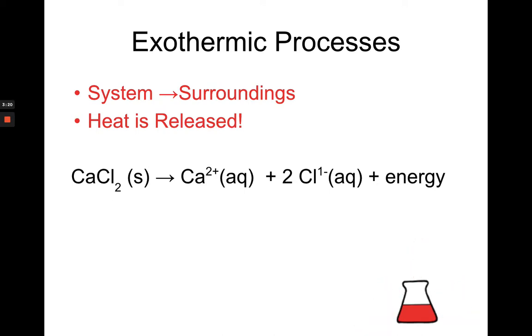That's because the energy that was within the system is now going into the surroundings. Think of your hand as being the surroundings, and your hand gets warm because the heat is going from the calcium chloride dissociating into your hand. Heat is exiting the system, exothermic.